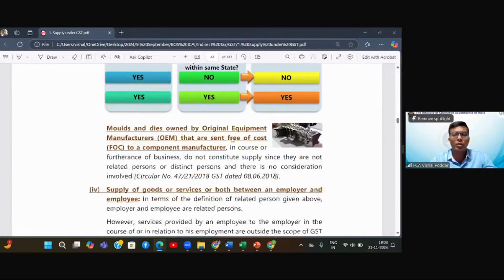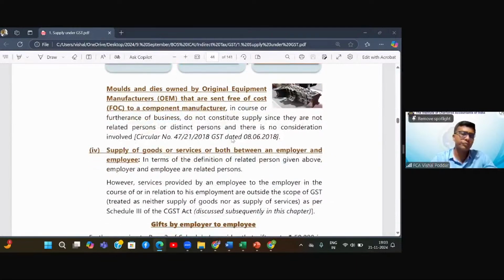Okay, so these are all cases of transfer. Now, this is an interesting clarification. See again, आपको clarification समझने के लिए पहले उसका हम background समझेंगे, then you'll understand why this clarification is there. Like how we discussed the definition of supplier. When you understood the background of the previous scenario, you then understand what is happening and why this circular is issued, right?